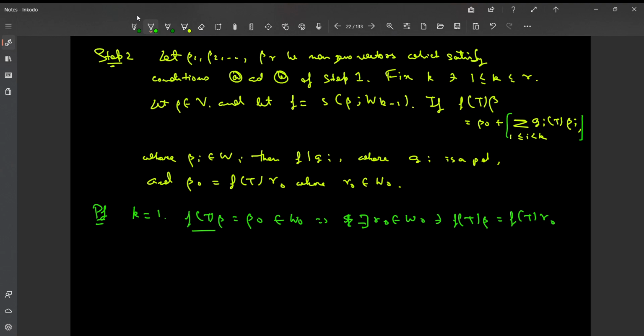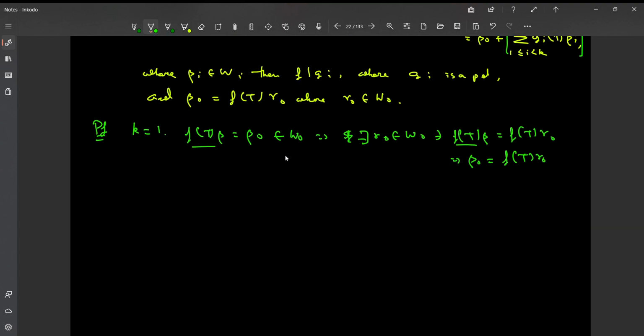Clear? And f(T) beta is beta naught. So if k equals 1, we only have the statement for the T-admissibility of W naught. So it's a trivial statement. We are more concerned about when k is not equal to 1.